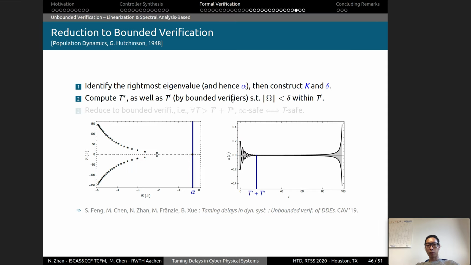But using the bounded verifier, we can first guarantee that after some T prime amount of time, the reachable set is already contained in such a delta distance. Now, by adding T prime and T star, we were able to reduce again the unbounded safety to bounded safety.